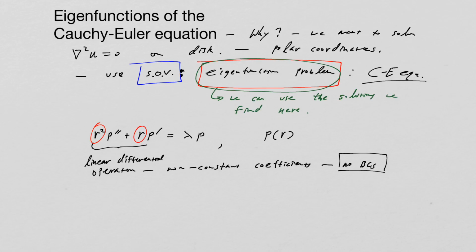Okay, the first one we're going to look at is the lambda equals 0 case. Let's see if we can find our solutions for this. And it turns out there are two solutions. Okay, so the first I'll call P0A of r, and it's just going to be equal to 1. So it's just going to be a constant.